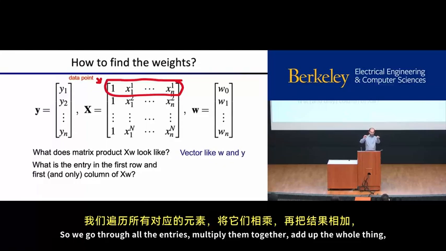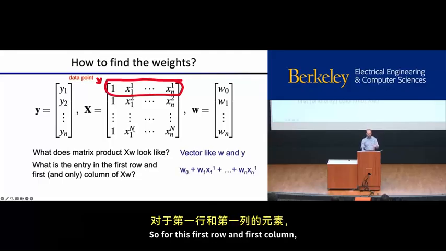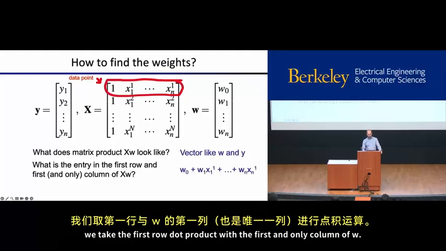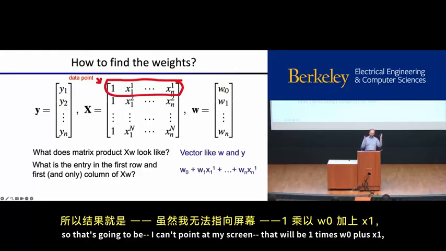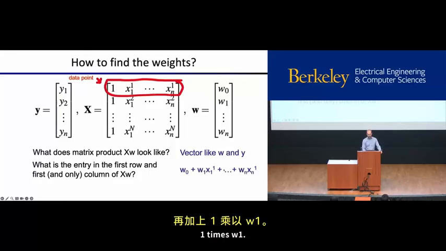We go through all the entries, multiply them together, add up the whole thing, and that's our answer. So for this first row and first column, we take the first row, dot product with the first and only column of W, so that's going to be 1 times W0 plus x11 times W1. There you go, that's what it is.